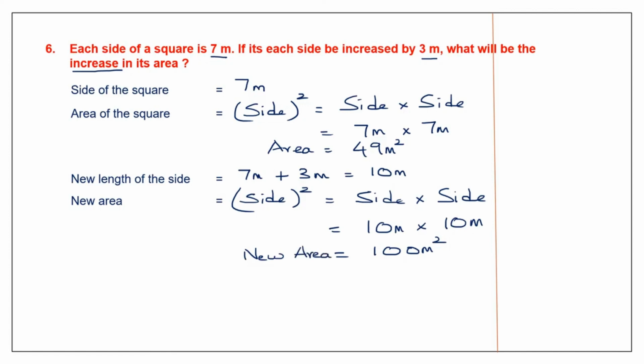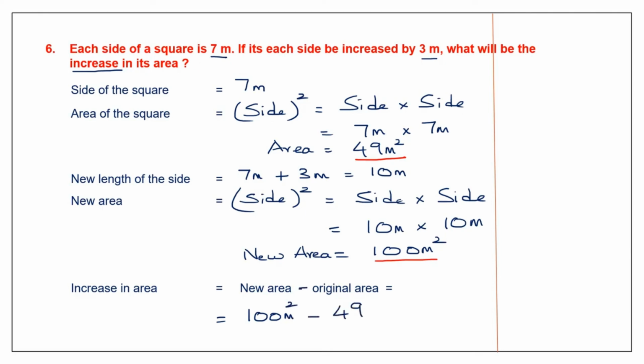Now what we are supposed to find is the increase in area. So how much has the area increased? That is the question. So to find the increase in area, we have to subtract the two areas. We have to subtract the new area and the original area. So let's do that. The new area is 100 meters square and the original area is 49 meter square.